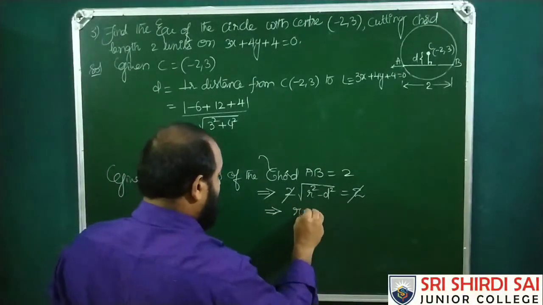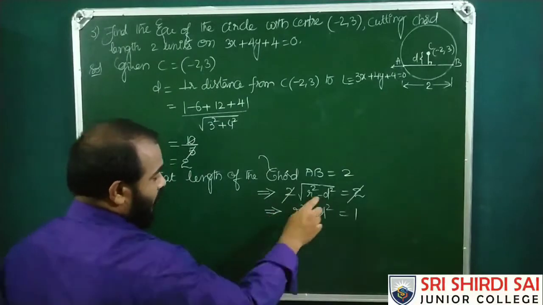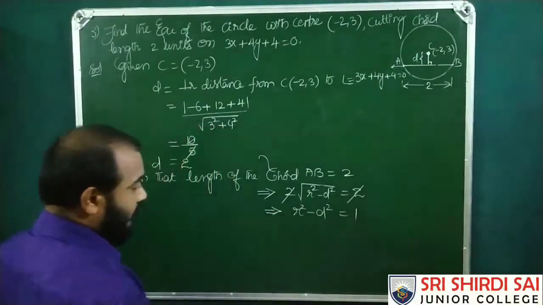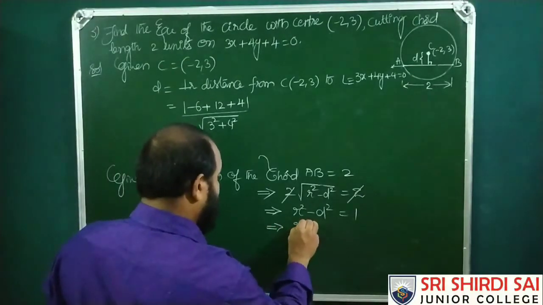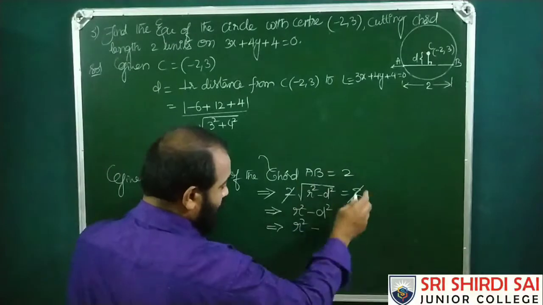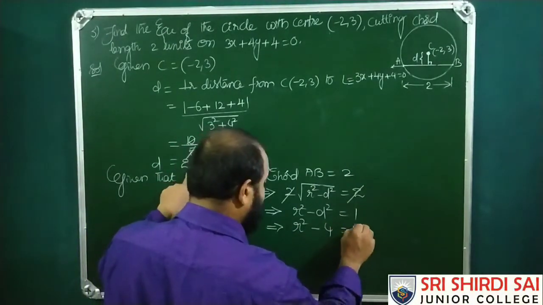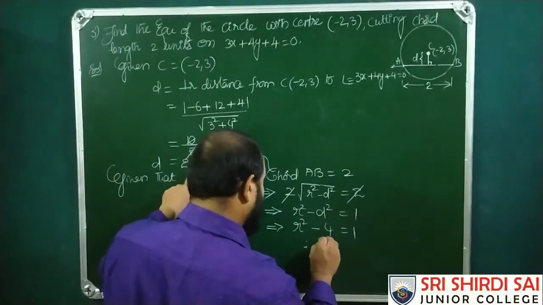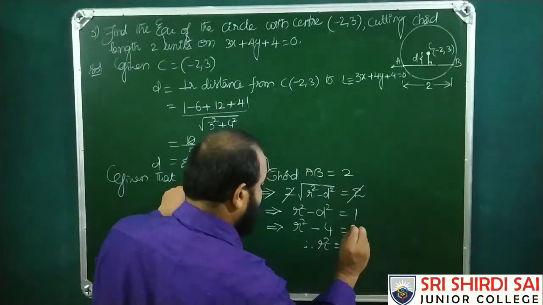Square root of r square minus d square is equal to 1. Squaring on both sides, r square minus d square equals 1. So r square minus d square is 2 square, so 2 square is 4, equals 1. Therefore r square is equal to 4 plus 1, which is 5.